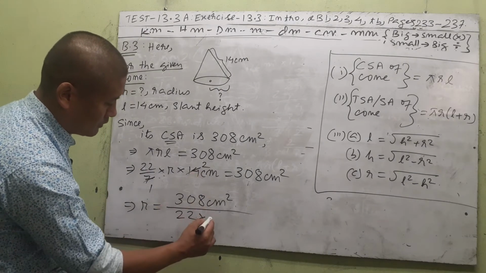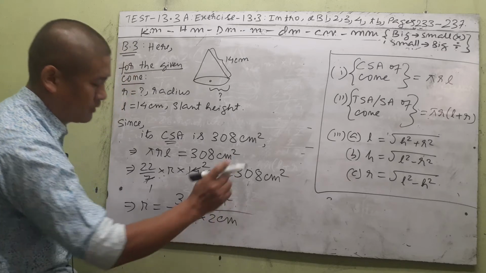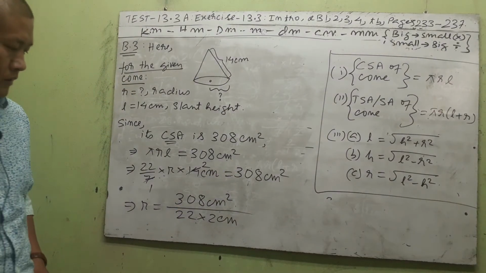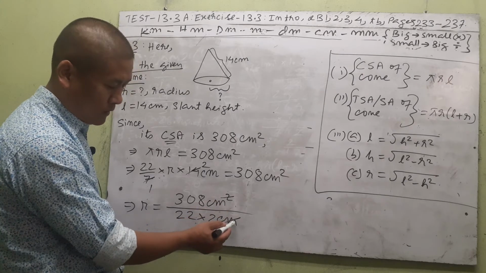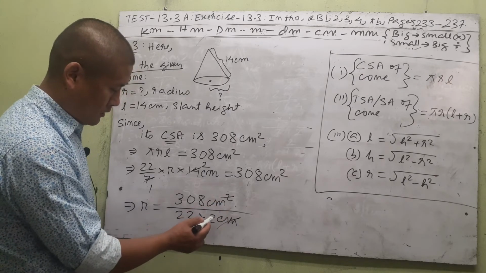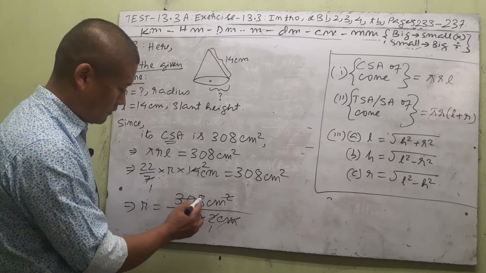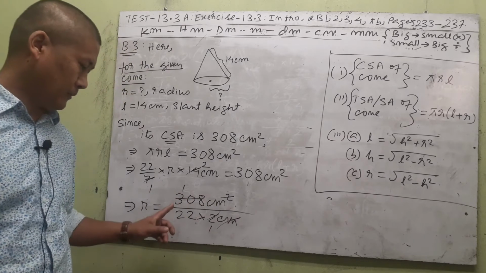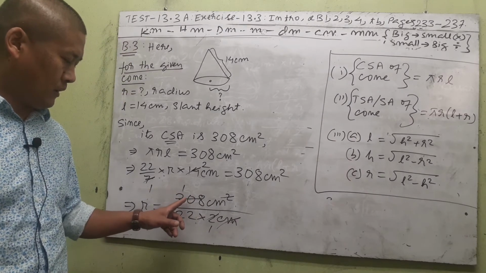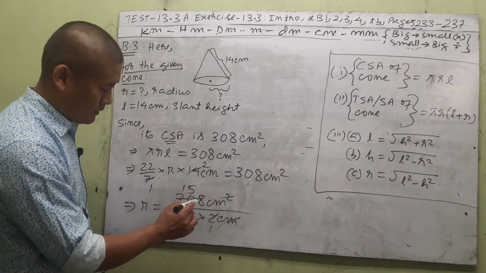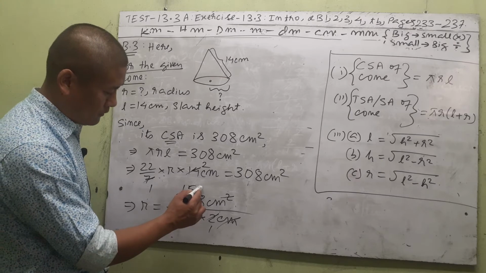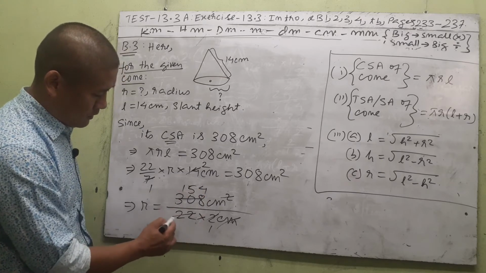This 2 centimeter also will go down to the denominator. So this centimeter cancel to the power 1, and 2 minus 1 power, only 1 left centimeter. And 2 1s are 2, 2 1s are 2, 3 means 1 remainder, so that 1 will go to the left of 0 and make it 10, so 2 5s are 10. Then no remainder, 2 4s are 8. 11 2s are 22.